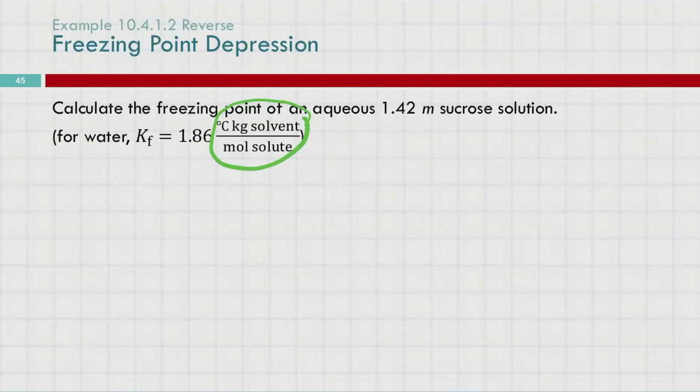What's moles solute over kilogram solvent? Yeah, this whole bit, that's just molality, but on the bottom. So really the units here are degrees Celsius per molal, which is lovely.